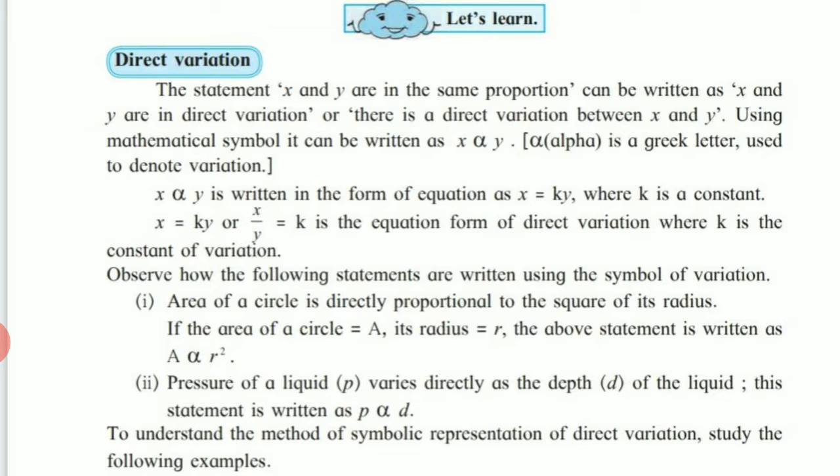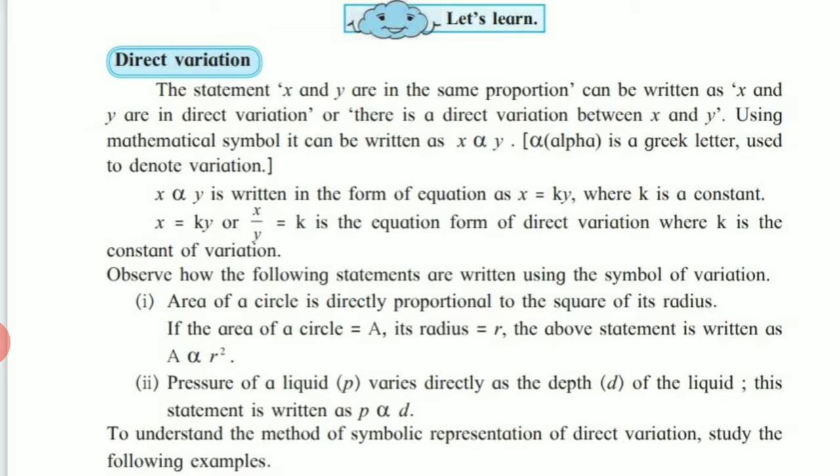The statement X and Y are in the same proportion can be written as X and Y are in direct variation, or there is a direct variation between X and Y. Using a mathematical symbol, it can be written as X alpha Y. Alpha is a Greek letter used to denote variation.